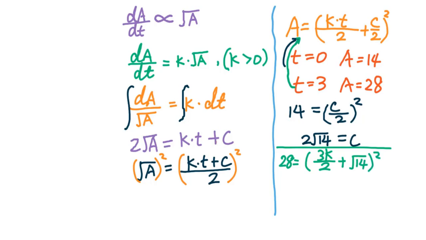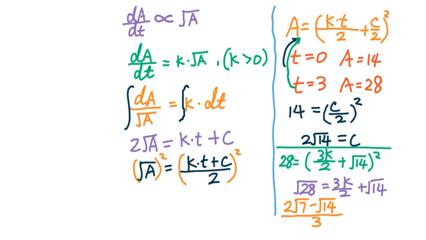Then taking the square root of both sides, square root of 28 equals 3k over 2 plus square root of 14. For square root of 28, we can write 2 square root of 7. Then minus the square root of 14, multiply by 2 divided by 3. Then that will be k.